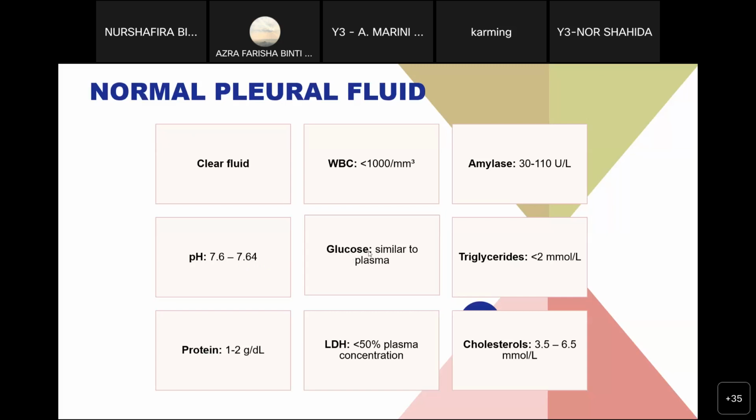Glucose has similar concentration to plasma, triglyceride less than 2, protein between 1 to 2, and lactate dehydrogenase less than 50% of the plasma concentration, and cholesterol 3.5 to 6.5 millimole per liter.